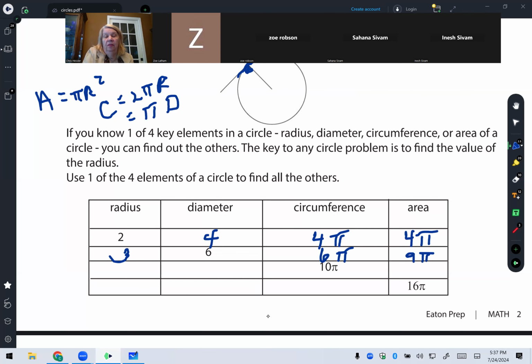If the circumference is 10 pi, the diameter would be 10, the radius would be 5, and the area would be 25 pi. I'm sorry that this glass doesn't provide a good surface for me to write neatly. If 16 is pi r squared, that means the radius is 4, diameter 8, circumference 8 pi.